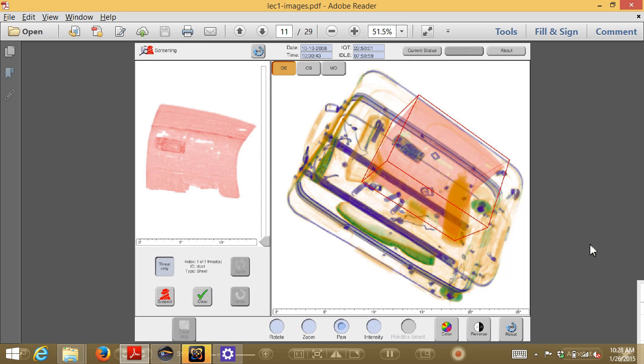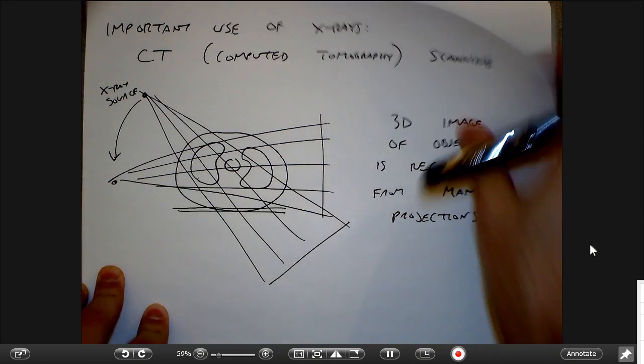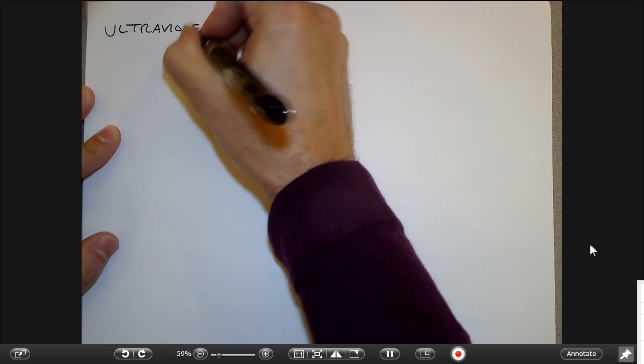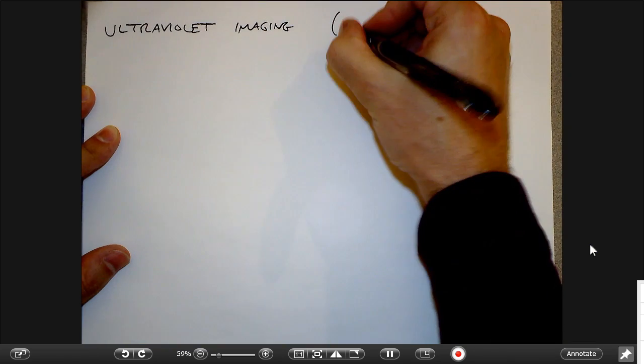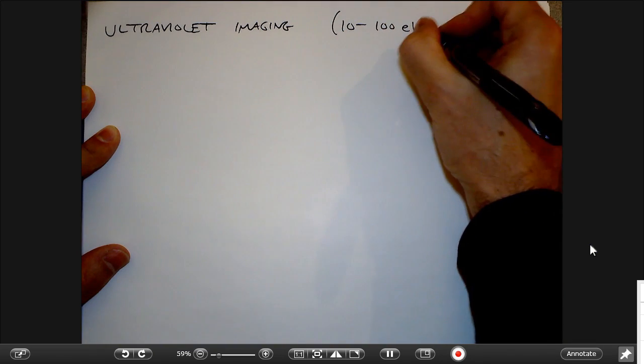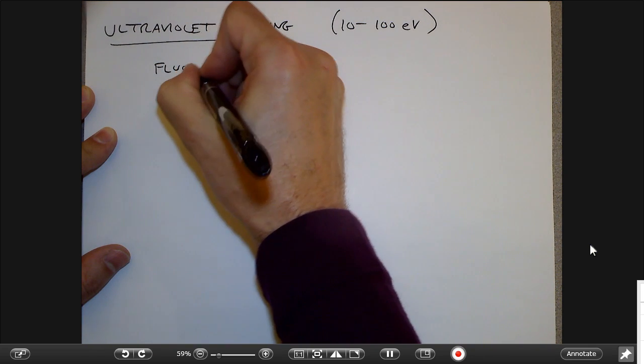Okay. So next is what I would call ultraviolet imaging. For those of you that are more biomedically inclined, you may already be familiar with this kind of thing. This is most often used in different kinds of microscopy, especially fluorescence microscopy.